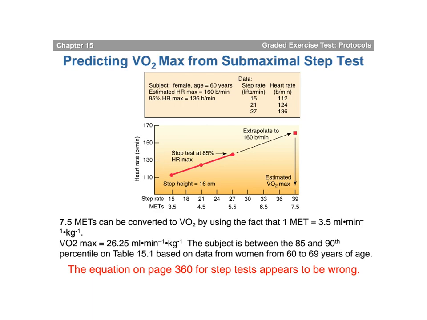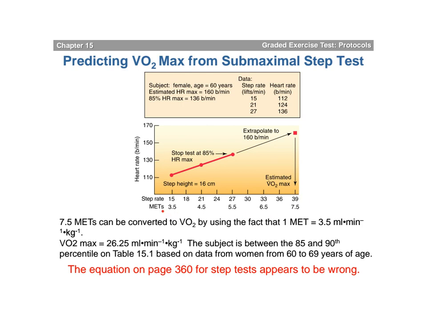And now what we do is we take the last 2 data points and extrapolate to her maximal heart rate, which is 160 beats per minute. And then we drop down to the x-axis to see what that step rate was. Well, it was 39 steps per minute. So in principle, she only had to do up to 27 steps per minute. But this suggests that she could have done a lot more. She could have gone all the way to 39 steps per minute.